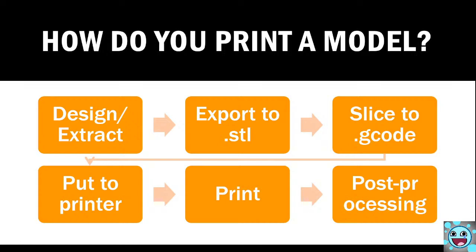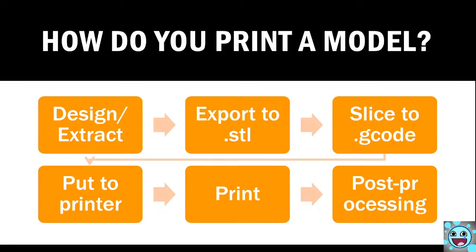What does slicing mean? It means to tell the computer how the 3D printer should behave, how it moves in each coordinate, and how much filament it is going to extrude. The file is called .g code.